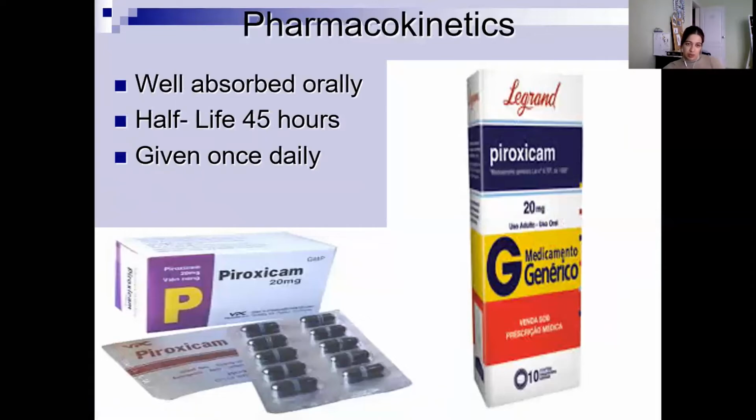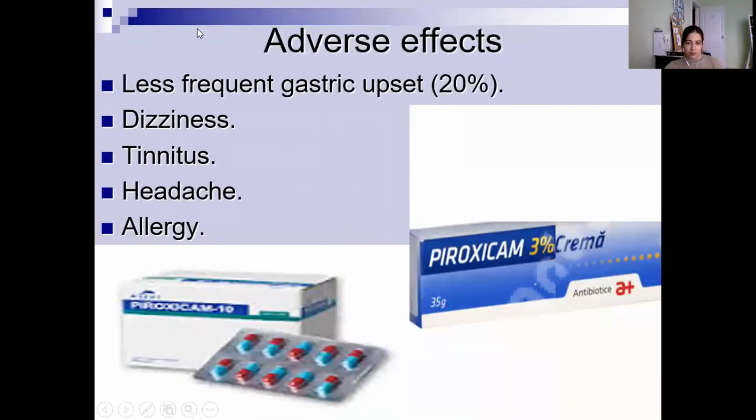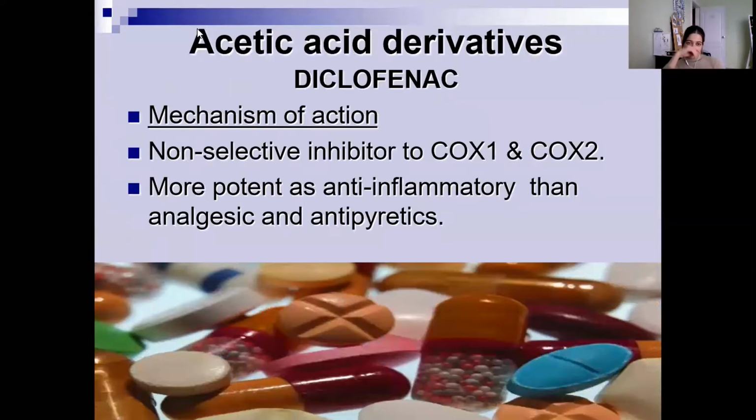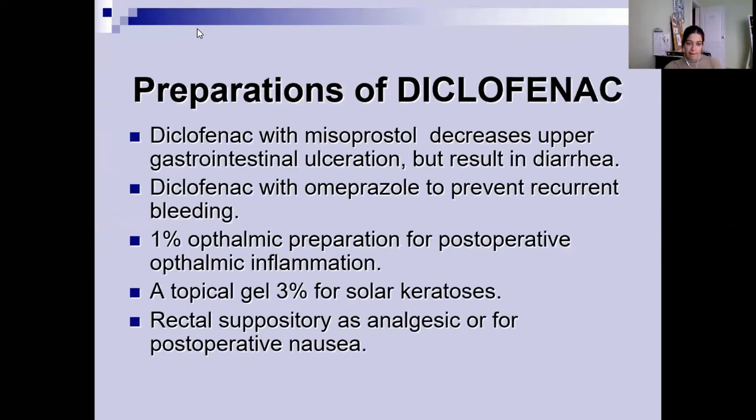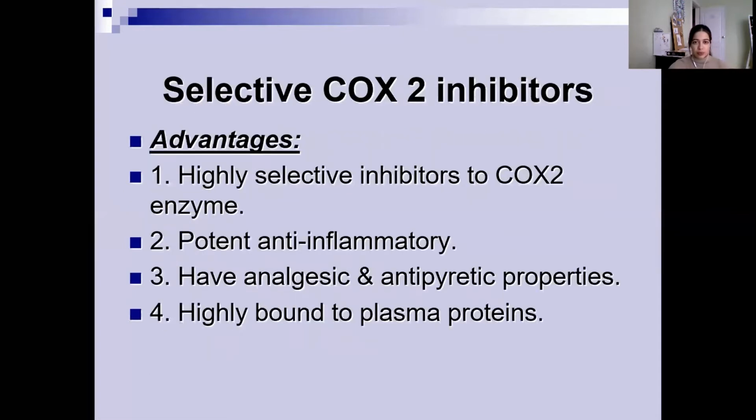So we can say that piroxicam inhibits the immune system a little bit, but not very strongly. Okay, diclofenac is almost the same. You can read it later. Also some topical use, rectal suppositories, and orally also.